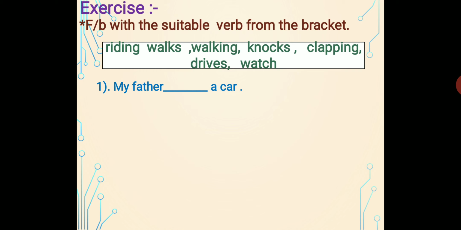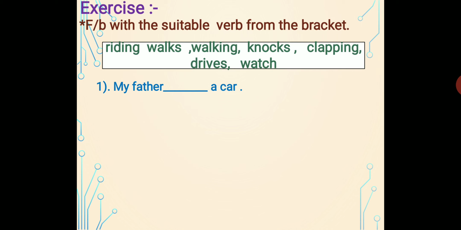My father dash a car. Is there a helping verb in this sentence? No. So we can write the verb with s, es or ies form. Just guess it. Which verb is suitable for this sentence? Riding a car, walks a car, walking a car, knocks a car, clapping a car, drives a car or watch a car?